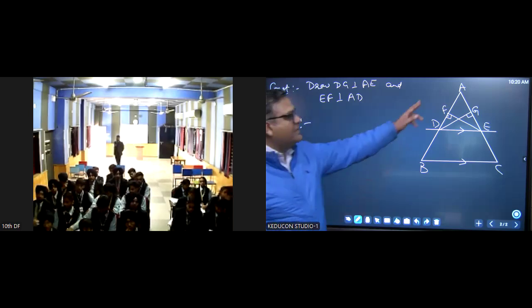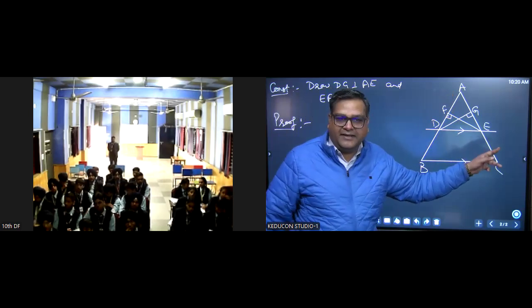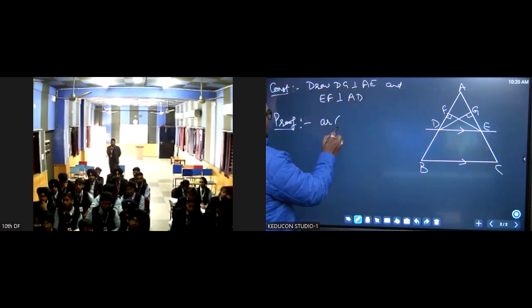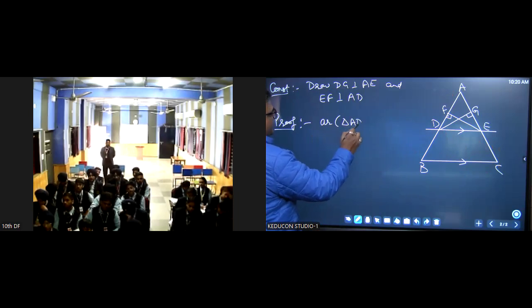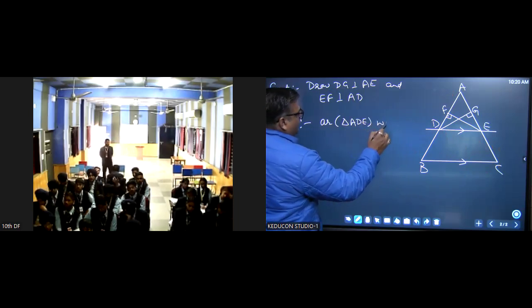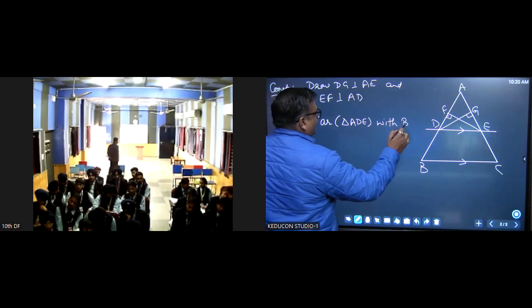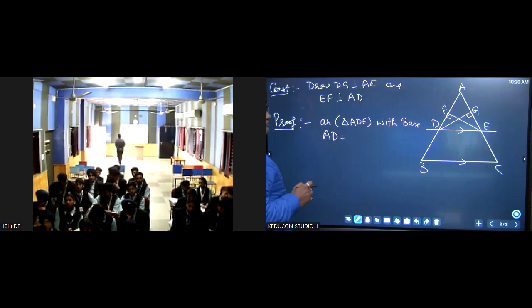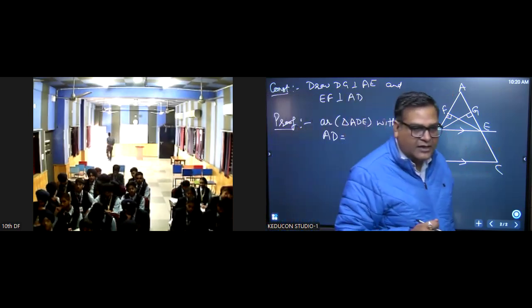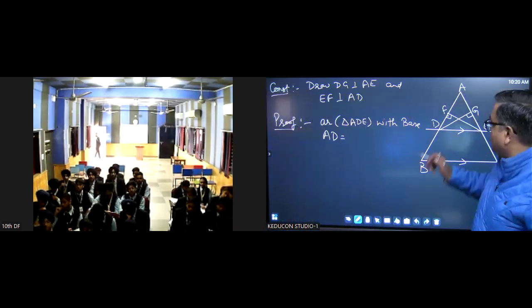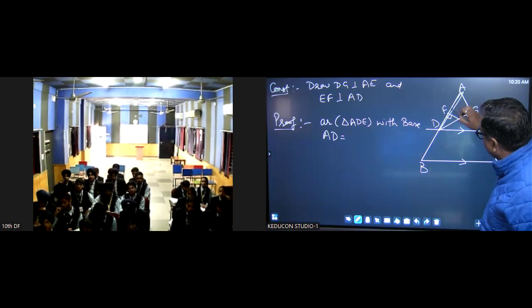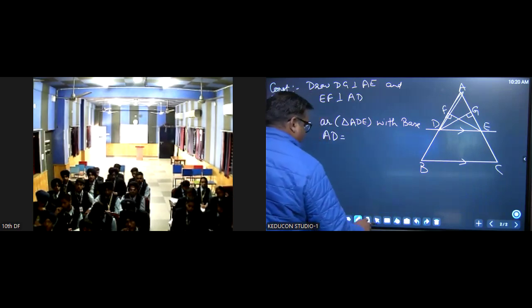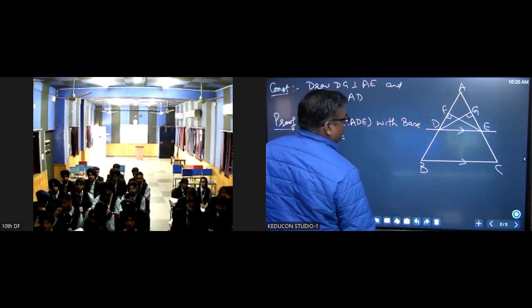Now, what will be the area of triangle ADE with base AD? समझ आएगा बच्चों? What is the formula for area of triangle? Half into base into height. Now this will be your base. ये base हो जाएगा.